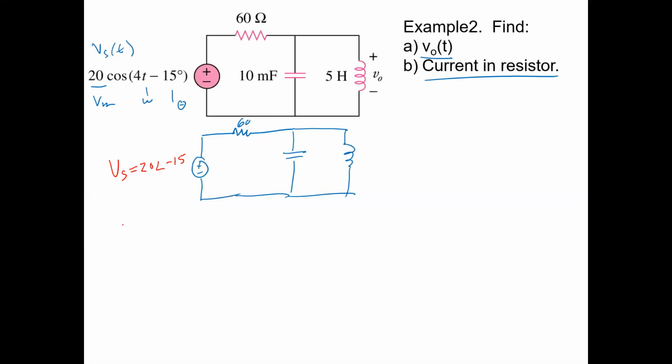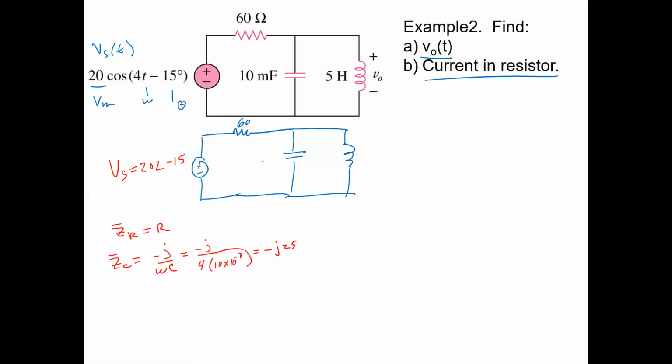Our ZR is the same as R. Our ZC is going to be minus J over omega C, which is minus J over 4 times 10 millifarads, that's 10 times 10 to the minus 3. So that's going to be minus J25.